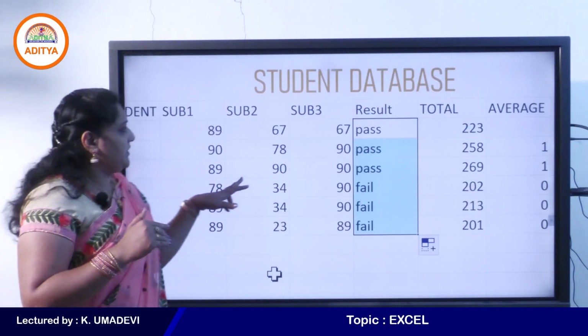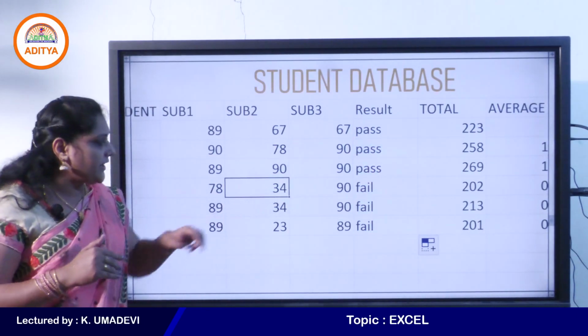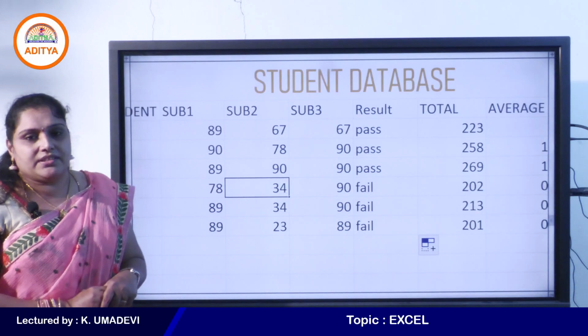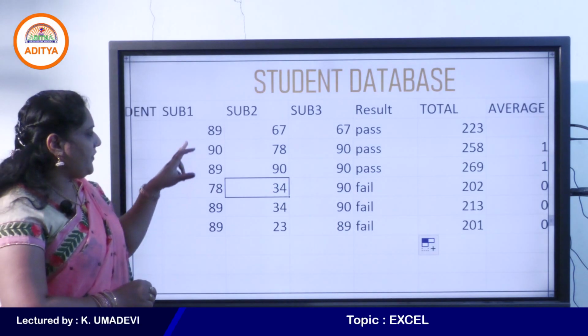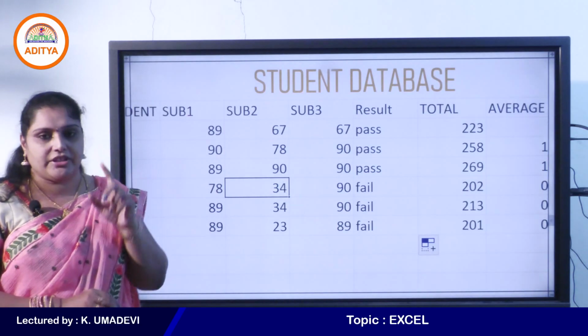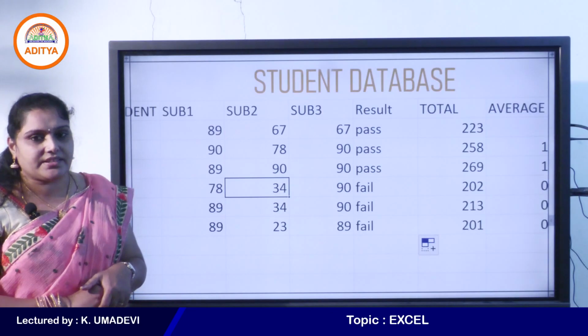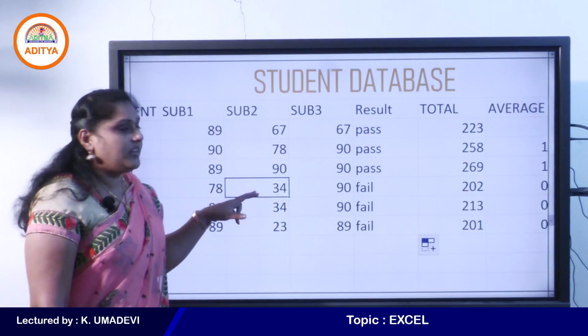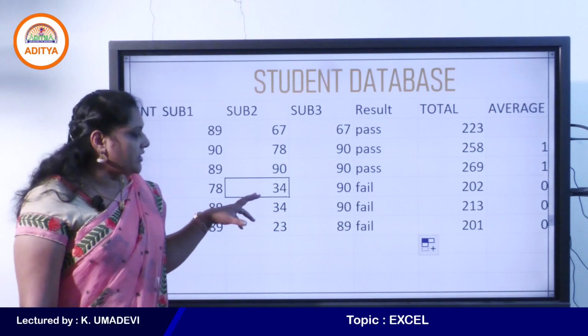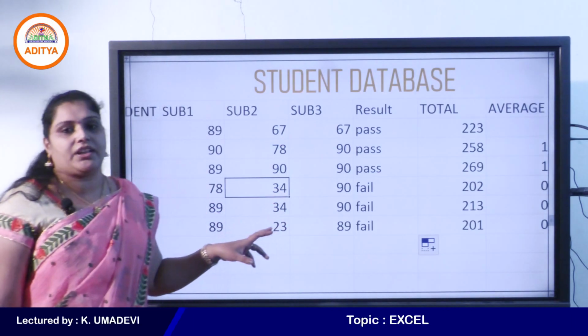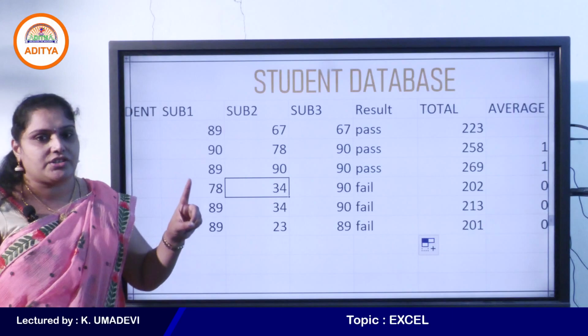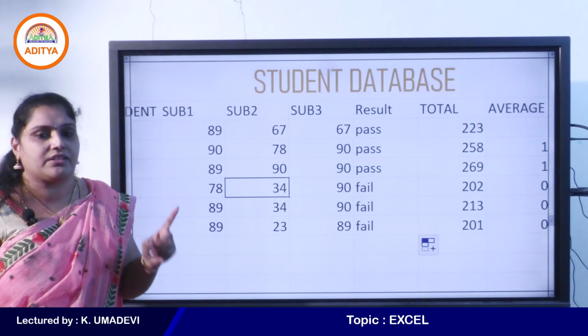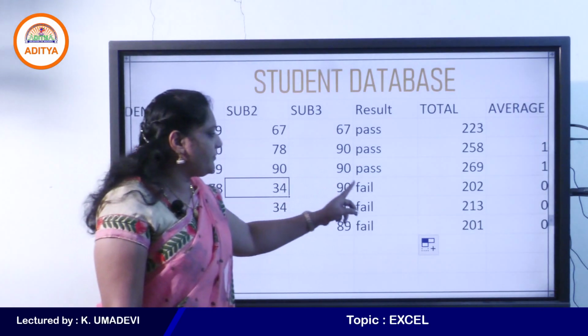Here, the second cell contains 34, right? That means now we are in the 11th row. Here, D11 is not greater than or equal to 50. See, if any one of the conditions is false in the AND function, then it will return false.